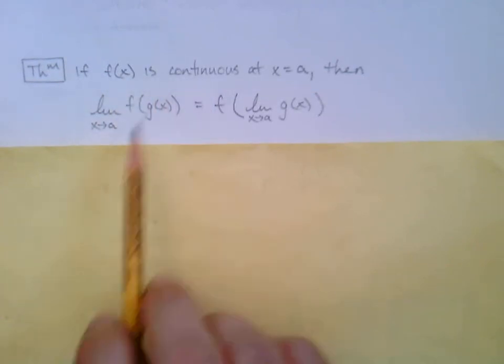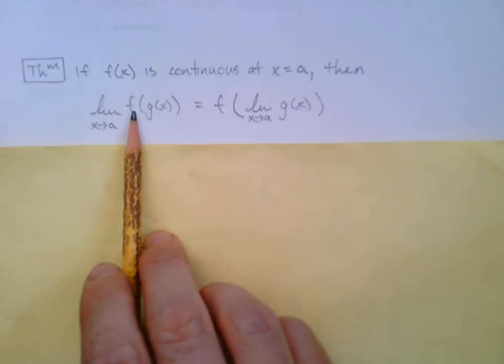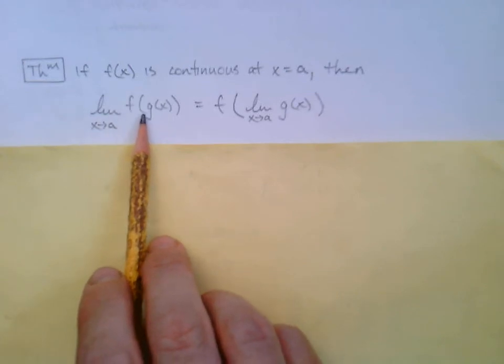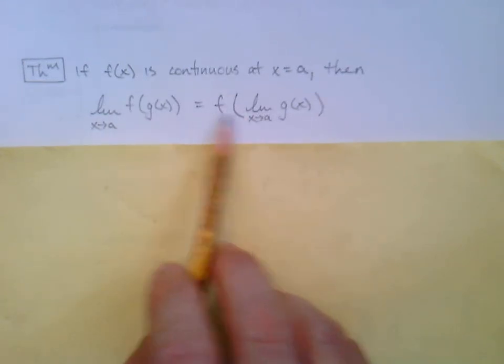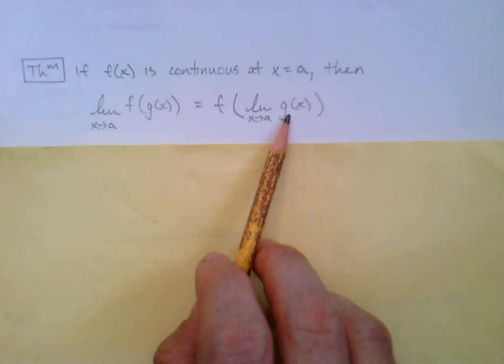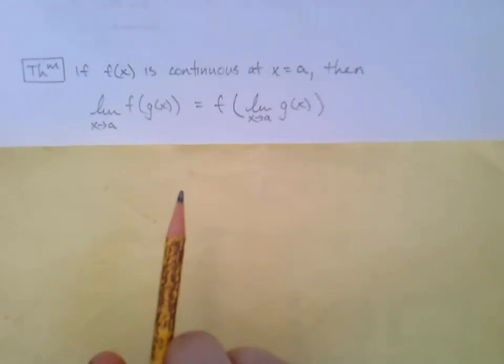Because f is continuous, we can push that limit through f and do this in the reverse order. We can take the limit of g first and then take that answer and plug it into f.